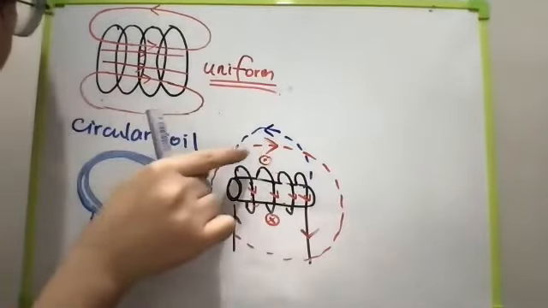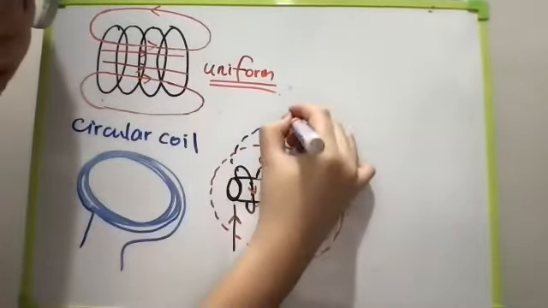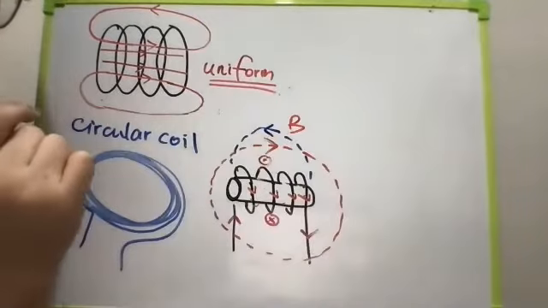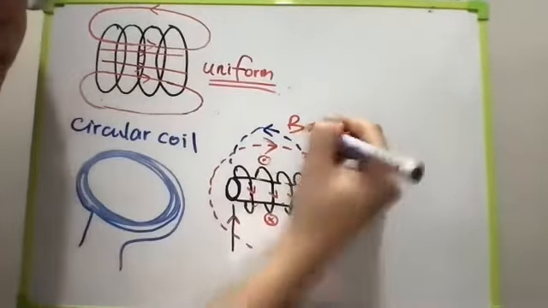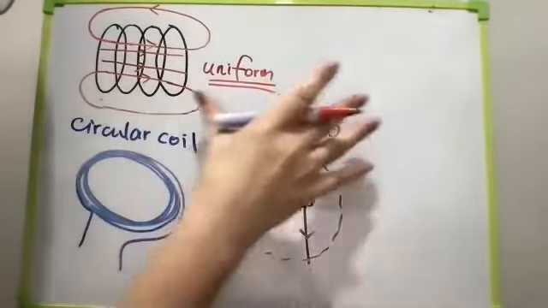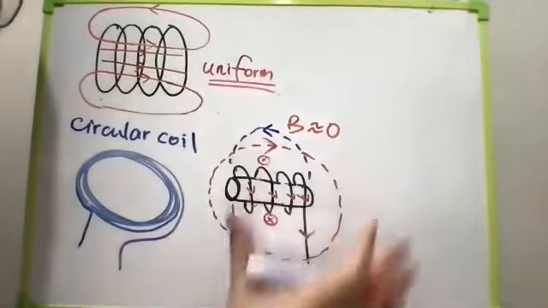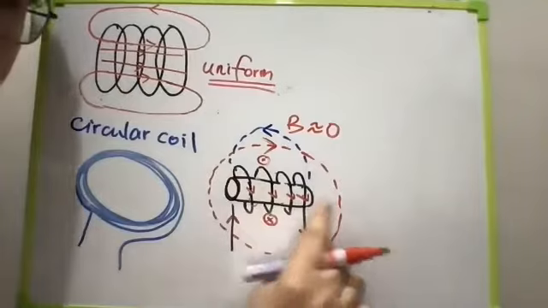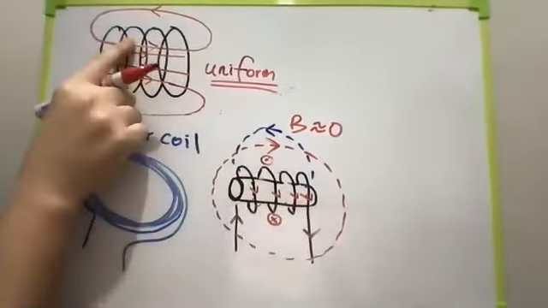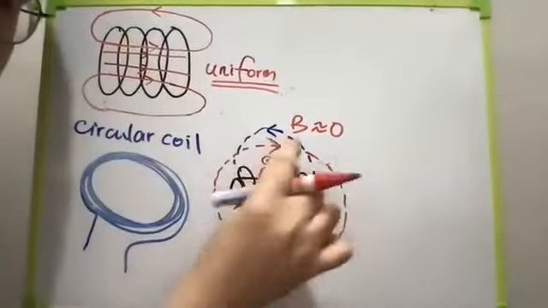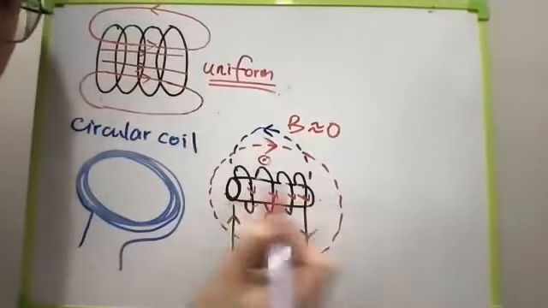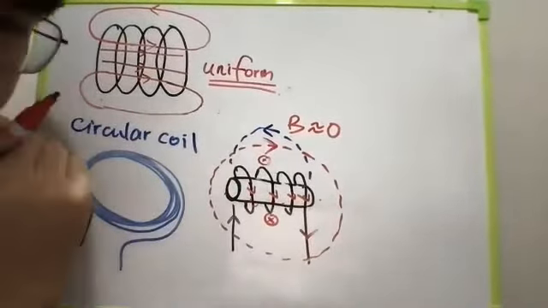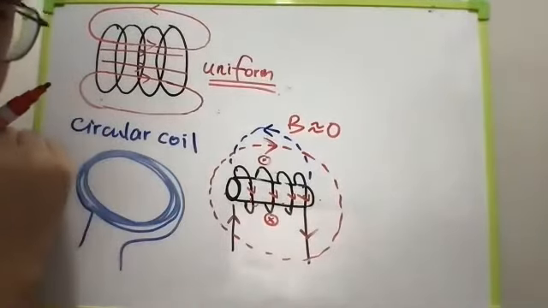We can say that the magnetic field, B, where B stands for magnetic field, approaches 0. This is what happens outside the solenoid. Inside is uniform, remember this one. Inside is uniform, outside is near 0. At these two points, that is the polarity, the poles, that is the strongest magnetic field.